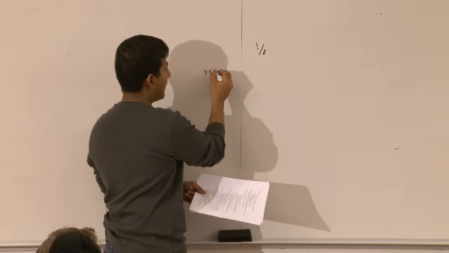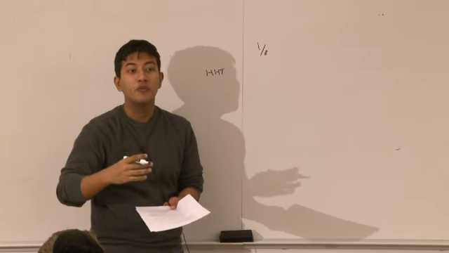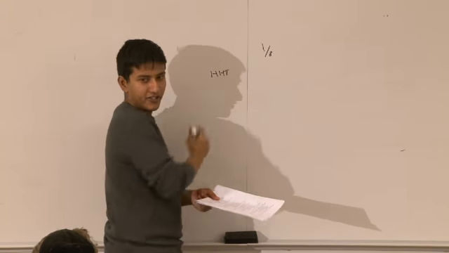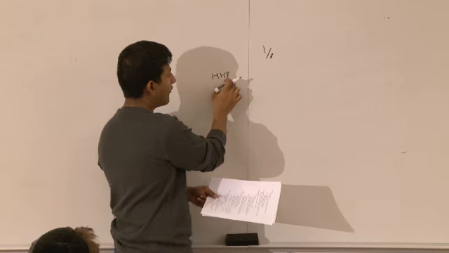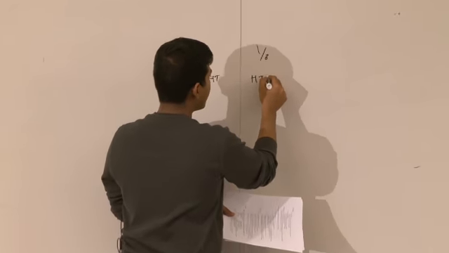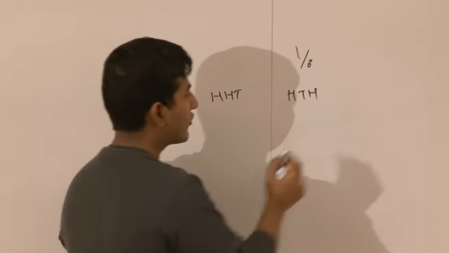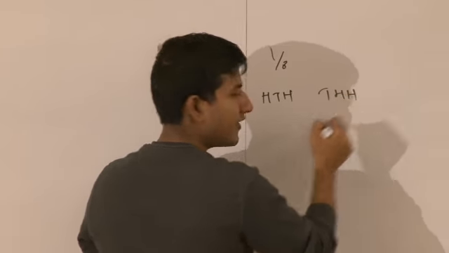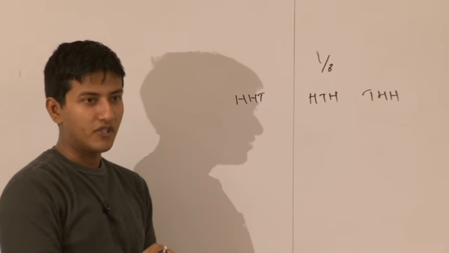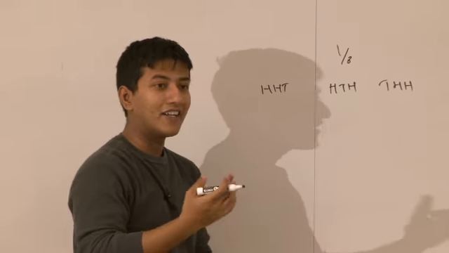It could be head, head, or tail. So this is by enumerating all possible outcomes. So it could have been head, head, tail, where we put the tail only at the end. It could have been head, tail, head, or it could have been tail, head, head. Okay. In these 3 cases, you're getting exactly 2 heads.